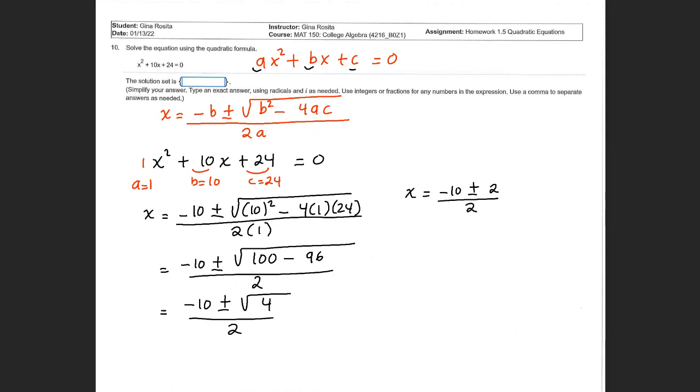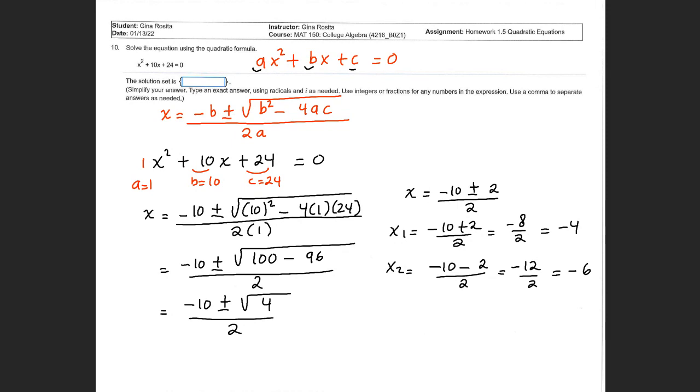Take the positive first: negative 10 plus 2 is negative 8 over 2, so the answer is negative 4. Second, take the negative: negative 10 minus 2 is negative 12 over 2, so the answer is negative 6. So that is number 10.